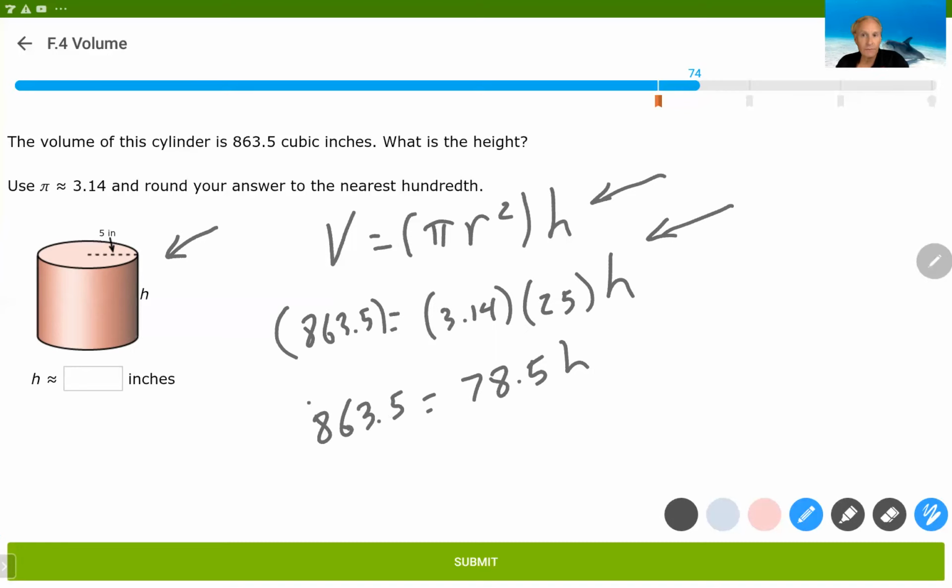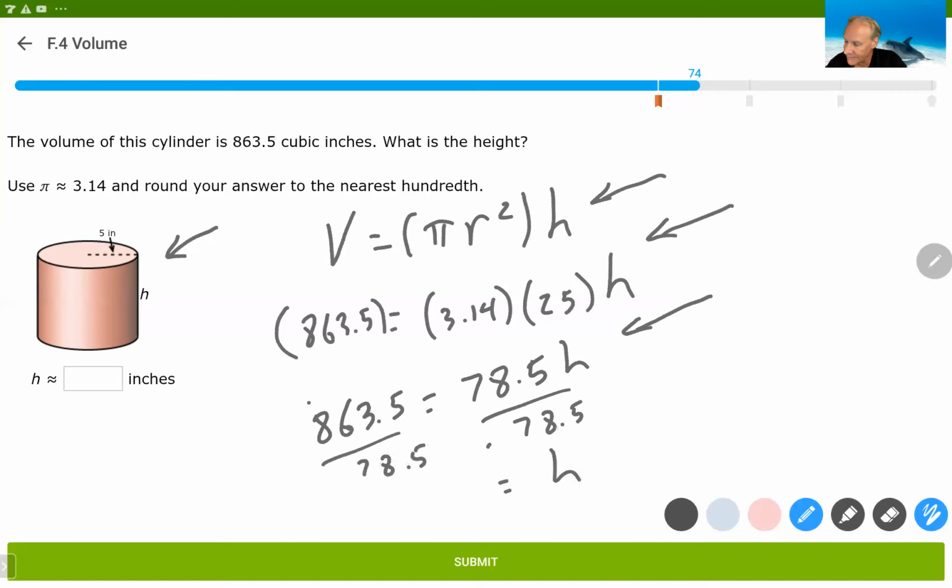And then I solve. So I followed all my steps exactly as written. Diagram, formula, substitute, simplify, and then we solve by dividing by 78.5 on both sides.